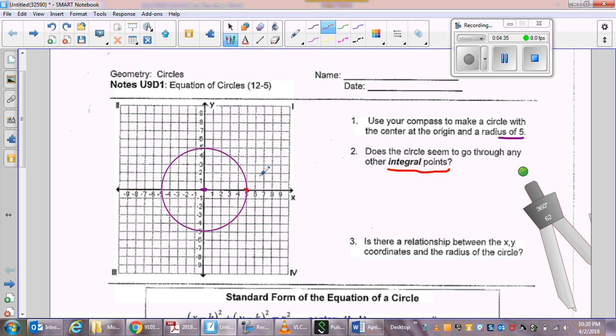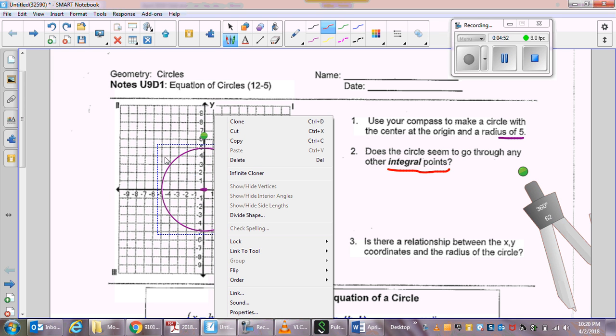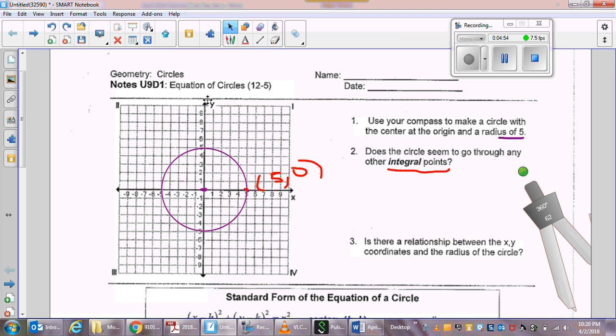I can say the circle goes through 5, 0. So you can say this is 5, comma 0, and then you look through the circle and try to find others, and the easy one is when it is here. Okay, so let me get my pen to work, not my eraser.